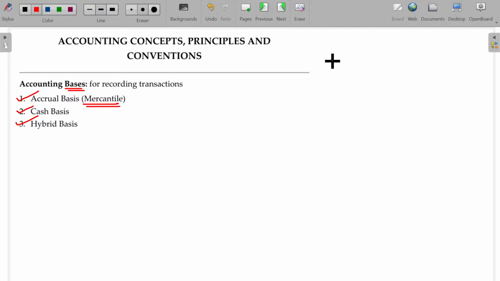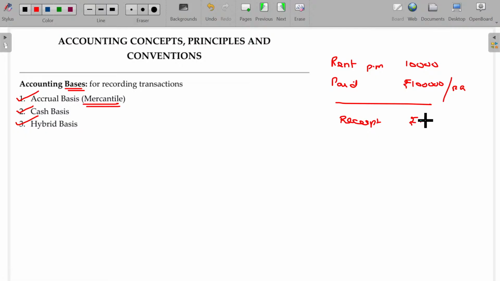So, for example, rent per month being 10,000. Paid rupees 1 lakh per annum. Similarly, receipt per month, or income.